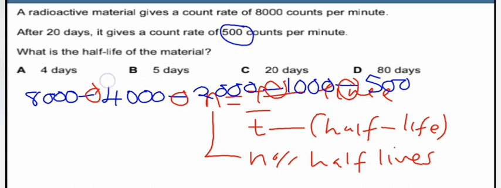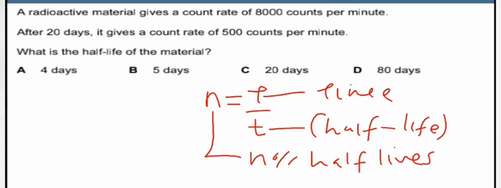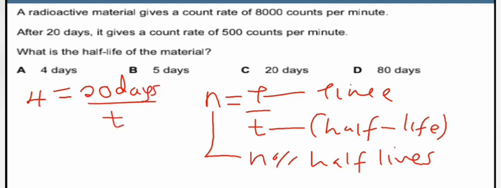So now, since these represent the number of half-lives, let's count them. We have 1, 2, 3, 4. So we have 4 half-lives, which equals the time taken. What is the time taken? After 20 days. So 20 days is the time taken, divided by the half-life, which we don't know.